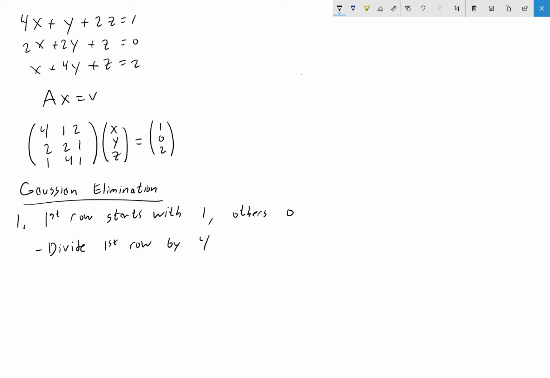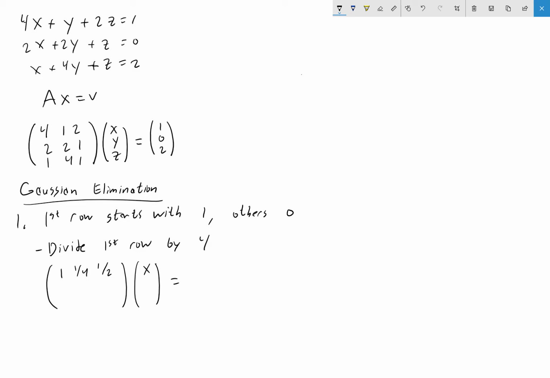Remember, with a matrix equation, really any kind of equation, whatever I do to the left-hand side, I also have to do to the right-hand side. So as I divide my first row, 4 divided by 4 is 1, 1 divided by 4 is a quarter, 2 divided by 4 is 1/2. I'm going to leave the x alone, because you think about it like working with an equation, your x, y, z don't get divided by 4.